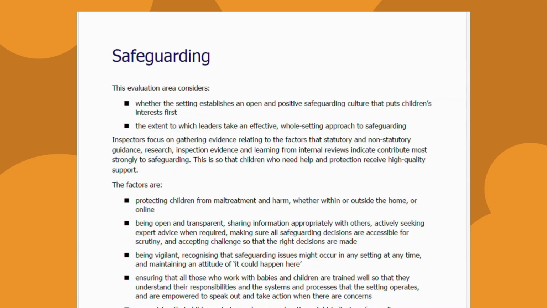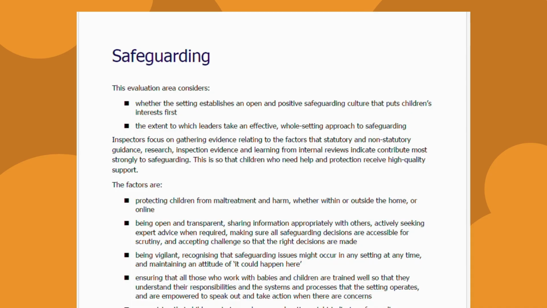Let's take a look at the safeguarding evaluation area. Like each of the other evaluation areas, this begins with what it considers, listed in the bullet points, and then goes on to describe the factors that statutory requirements and non-statutory guidance, research and inspection evidence indicate contribute most strongly to that evaluation area.